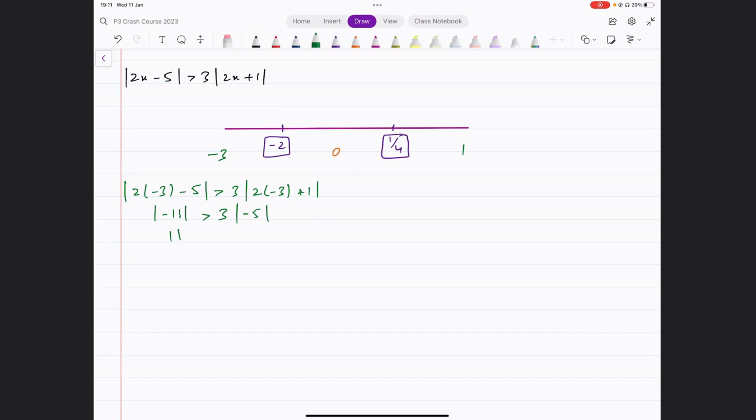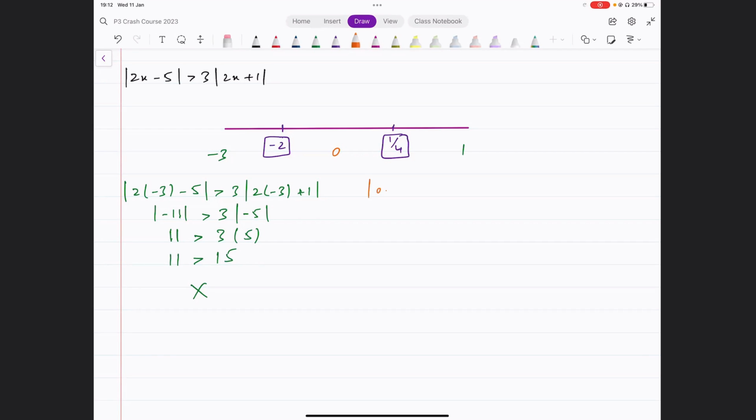On the left side, we've got 11. Right side पे 3 into minus 5 का modulus. Minus 5 का modulus क्या आएगा? 5. 3 into 5 there, 11 greater than 15. Is that correct? That is incorrect.